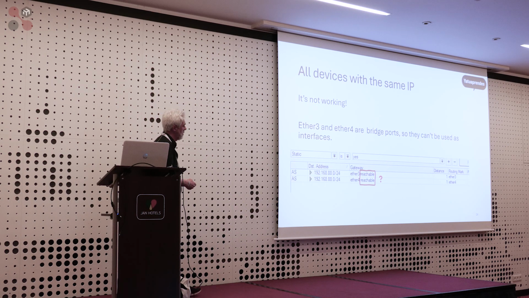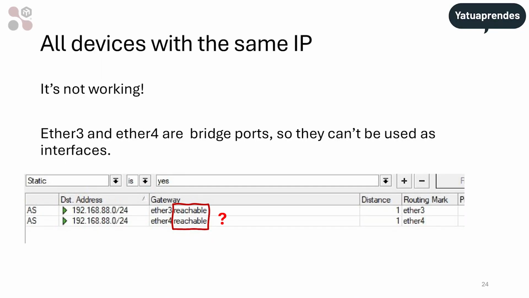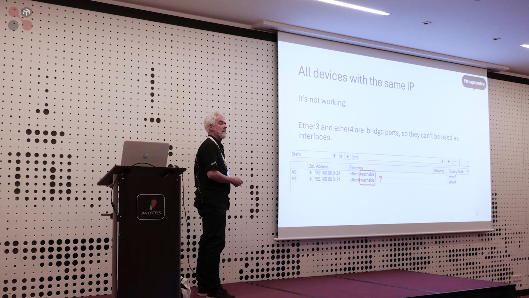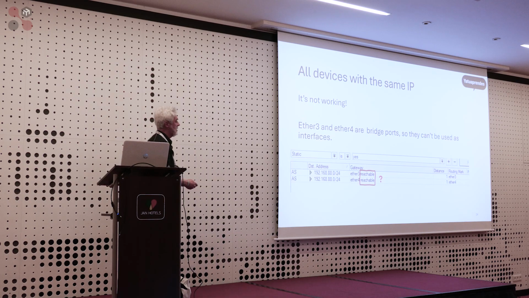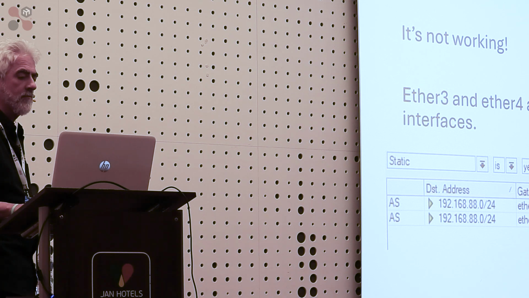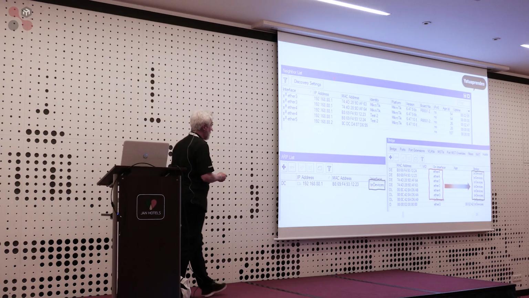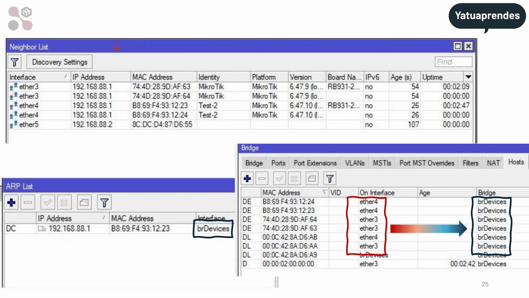Their routing tables, and we can see that Ether3 is a port in the bridge, but here it says that it's reachable. It's bridge devices, the interface. Then we see the neighbor list.